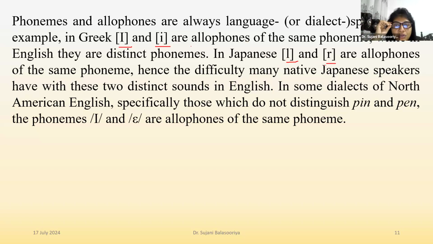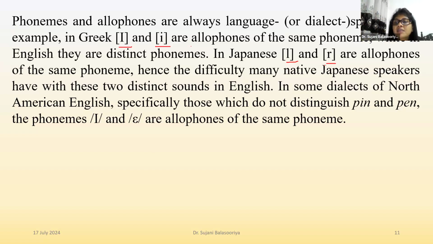But in Japanese, both sounds belong to one phoneme family. They are allophones. But in English, they are phonemes. So because of that, native Japanese speakers find it problematic to use English, because in English these two are different.